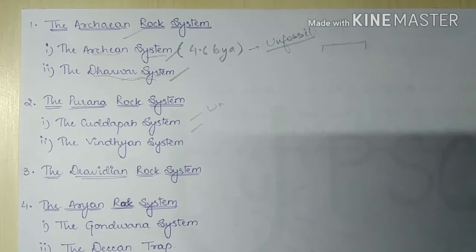Okay, so they spread in a crescent shape in Tamil Nadu, Andhra Pradesh, Madhya Pradesh, and Western Rajasthan. Now the principal rocks of the Cuddapah system are sandstone, shales, limestone, quartzite, and slates.